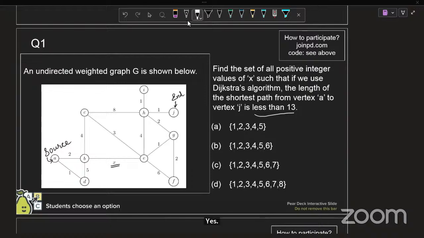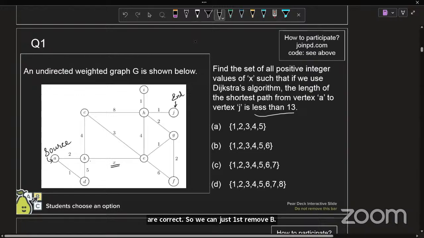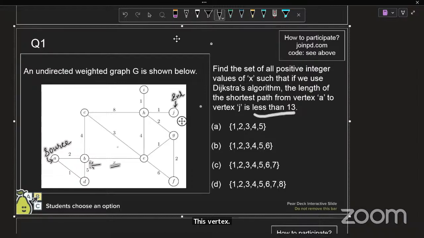Any of you want to answer this? Okay, yeah. So whoever has answered, you are correct. So we can just first remove BE. Correct.